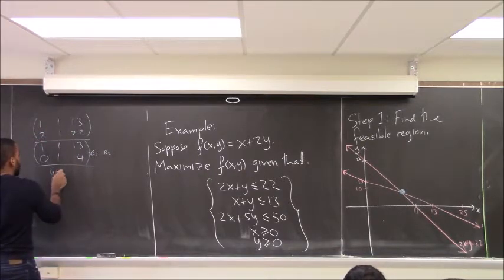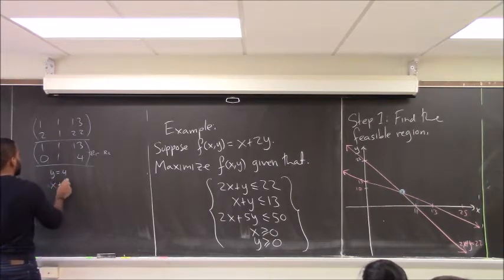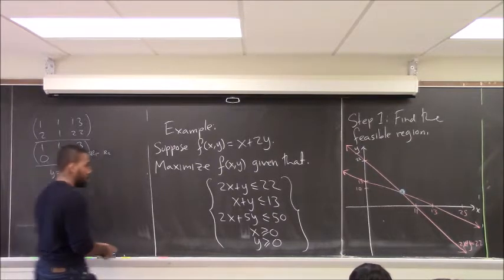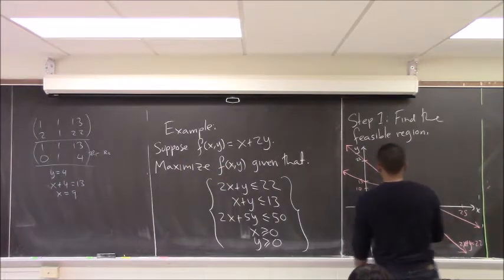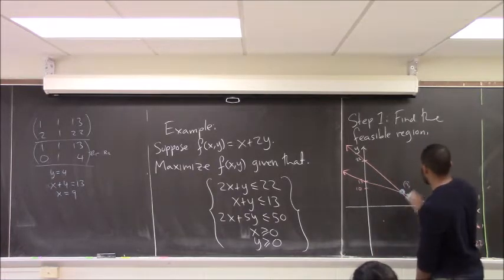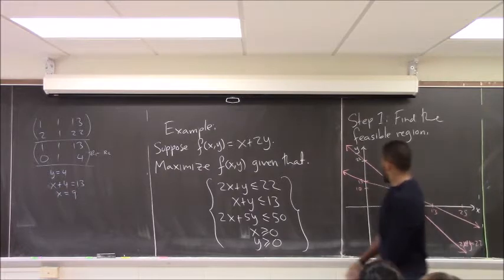So this means my y value is 4. What is my x value? If x plus 4 equals 13, my x must be 9. So I know this situation here is going to happen at 9, 4.